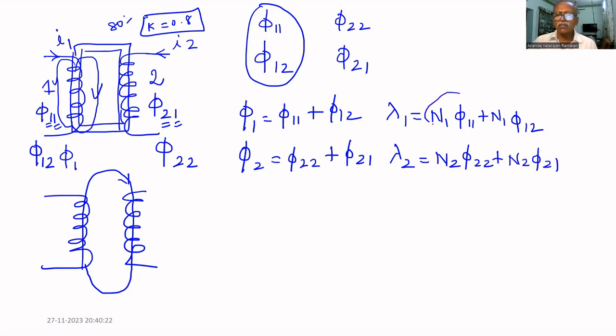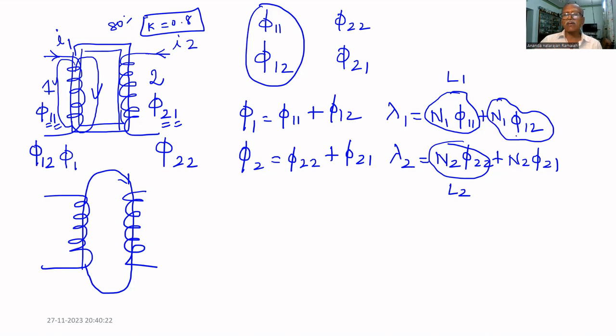What is this equal to? This is because of self-inductance L1. This is because of self-inductance L2. But what is this? This is flux from the second coil linked with the first coil. This is flux from the first coil linked with the second coil. That's why this flux also has the same effect as L1.